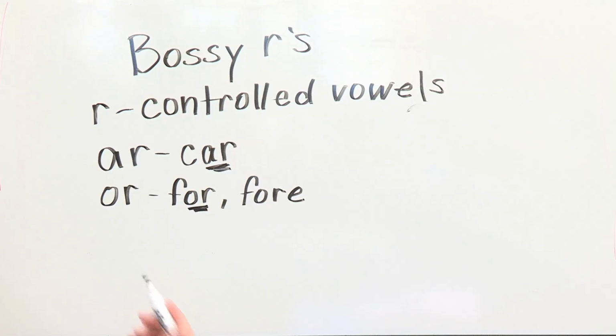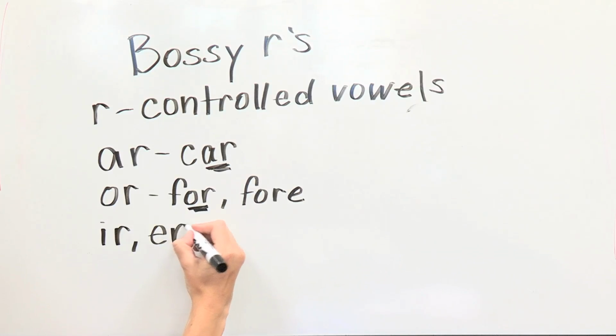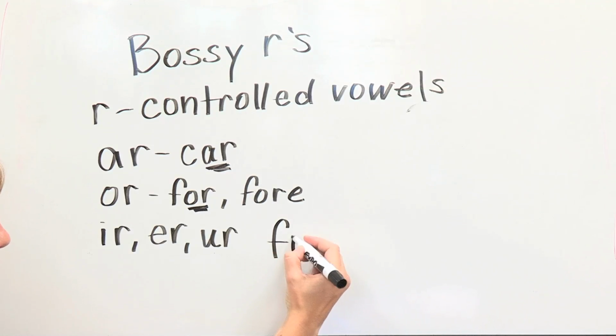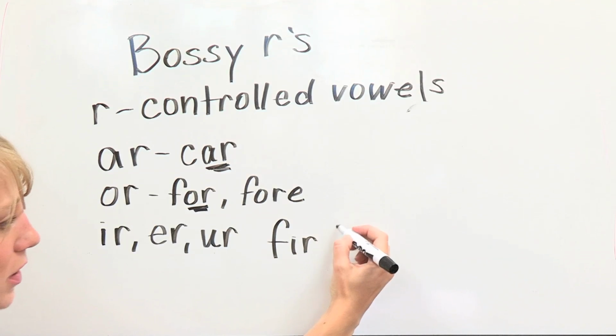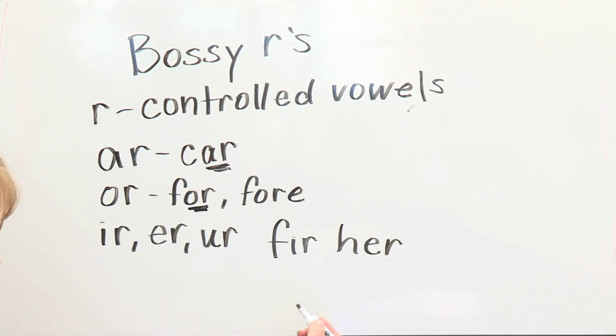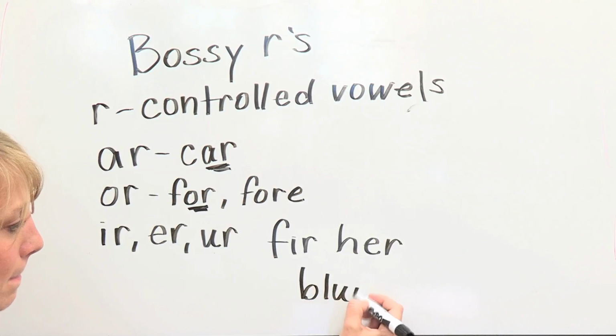And then IR, ER, and UR all make the same sound. So fir, as in a fir tree, right? Her, and then UR you can do fir again, or another, blur.